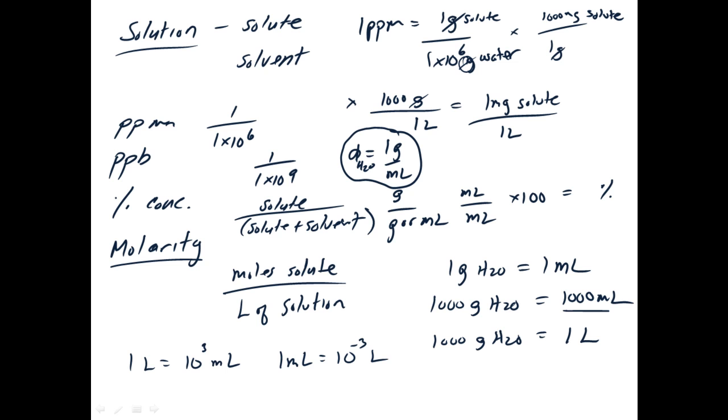So that's just an approximation, that when somebody says there's 1 part per million mercury in the water, that would be saying there's about 1 milligram of mercury per liter of water.